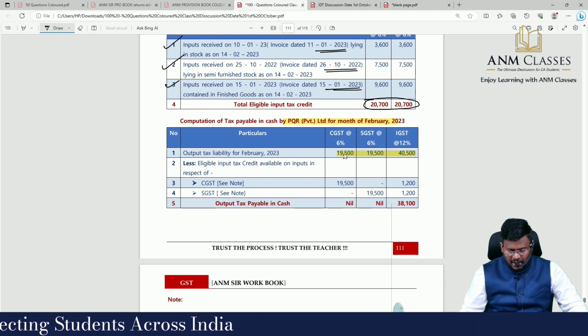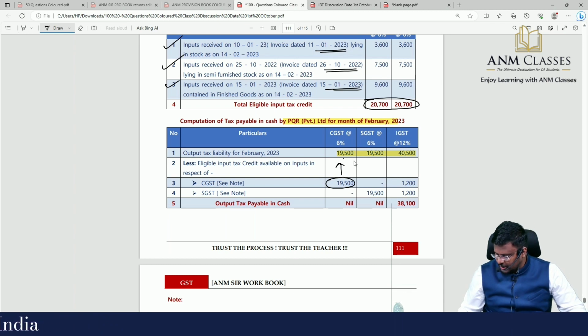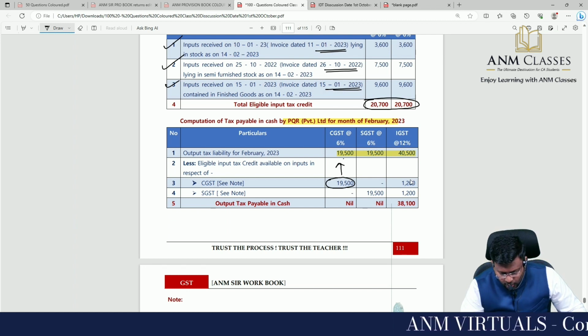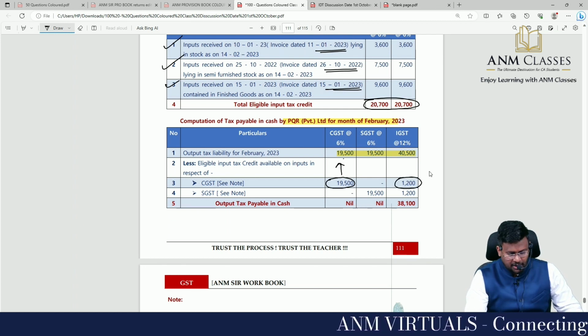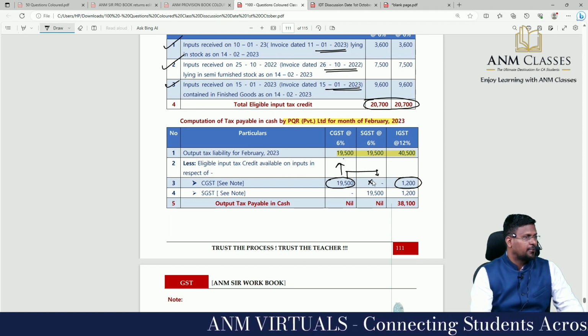Up to the extent of 19,500 you set off against the liability. The balance, 20,700 minus 19,500, comes to 1,200, which you can set off against IGST liability, and CGST credit cannot be utilized for SGST liability. Correct?